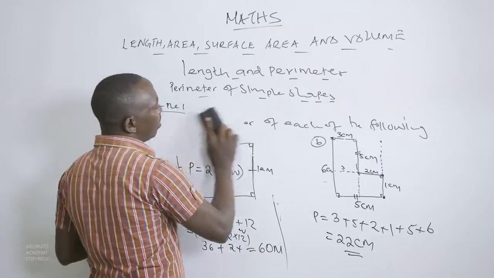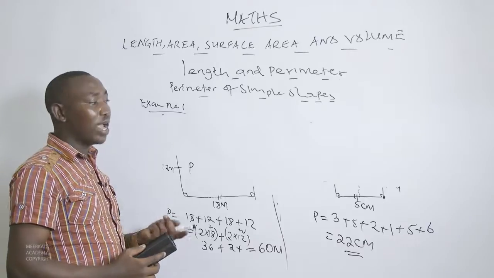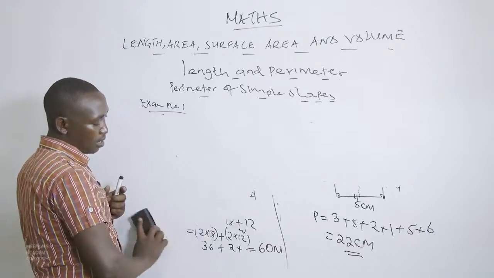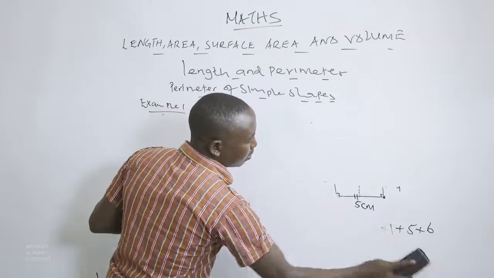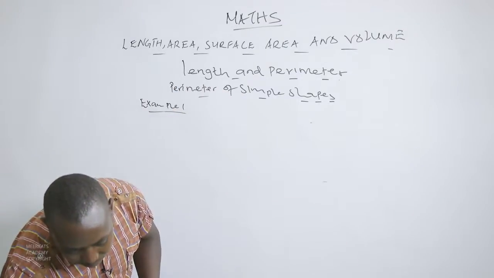Sometimes we can be given the perimeter of a figure, and then you are asked to find one of the missing sides. We want to consider such an example.